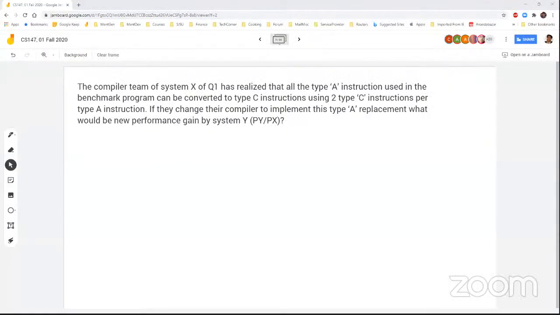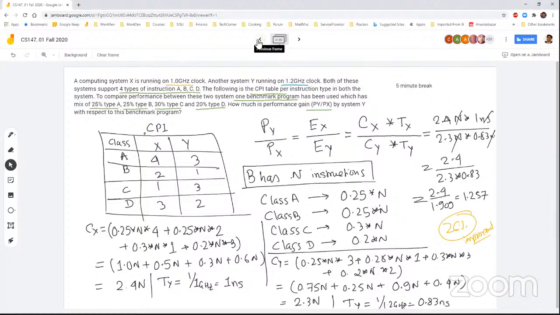Okay, this one. So this is an easier side of the problem. What is being asked here is this: you are replacing all type A instructions with type C instructions, using two of them. That means if you look at the previous solution, when we were computing the CX, we had this part to calculate.